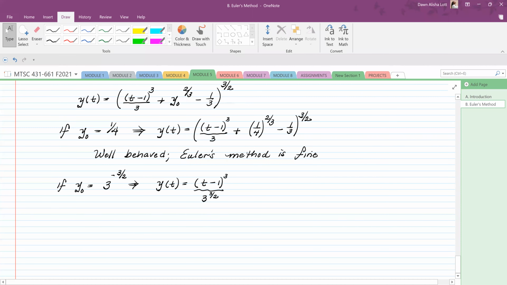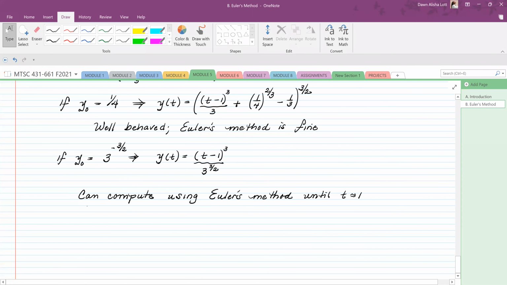Okay, so you can compute using Euler's method until t is approximately equal to 1. Then it blows up.